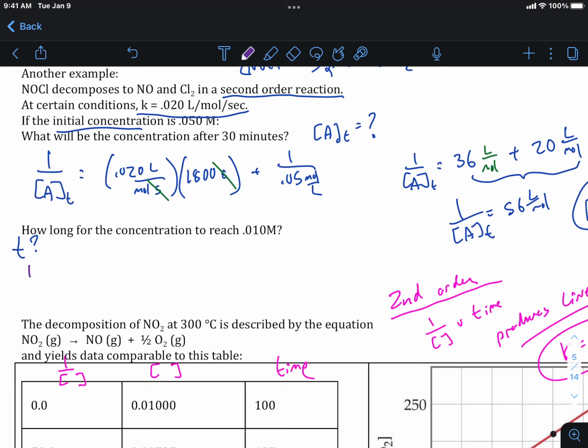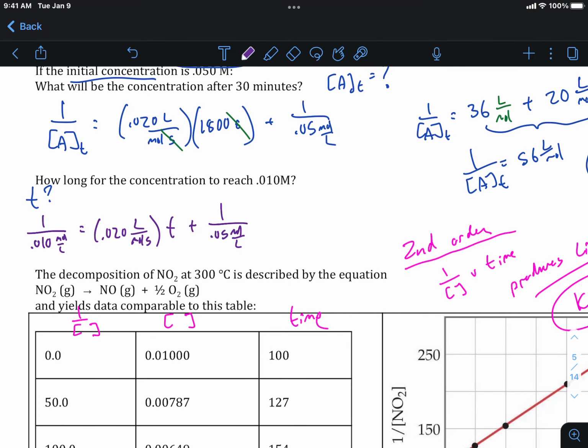So 1 over the final concentration, which is 0.01, is equal to 0.020 liters per mole second times the time plus 1 over the original concentration, 0.05 moles per liter.